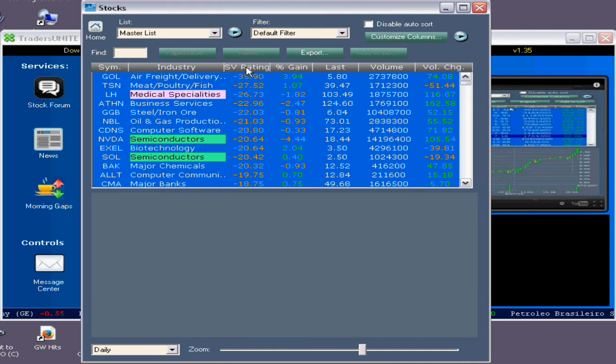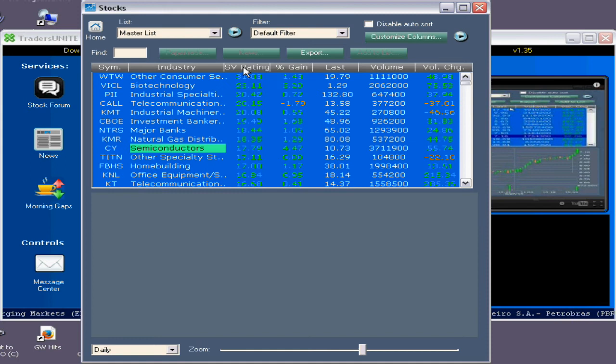SV rating is probably the most useful column. This is a rating that the system assigns to the stock. This rating is based on an algorithm used in an old product of ours called Stock Vision. Now, don't take the rating to the bank. They're not necessarily buy signals, but they give a good indication as to how good of a trading pick the stock is.